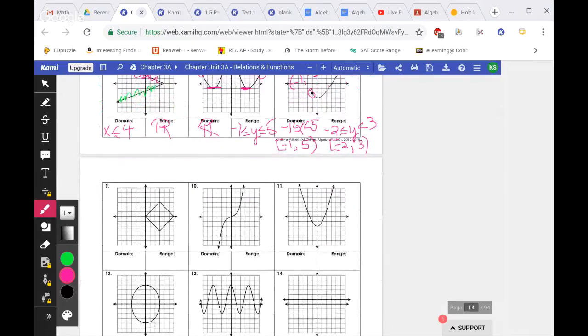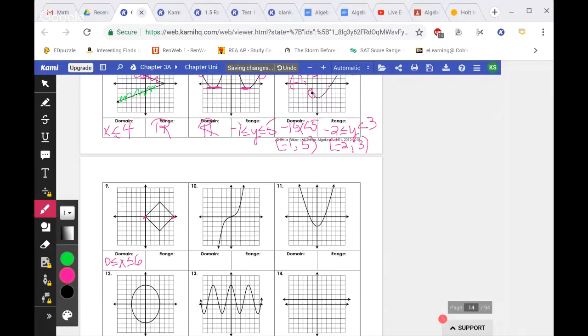Okay, so for number 9, we have a starting point over here for our x's and 1 over here. So the starting point is 0. So 0 is going to be less than or equal to x, which is less than or equal to 6.